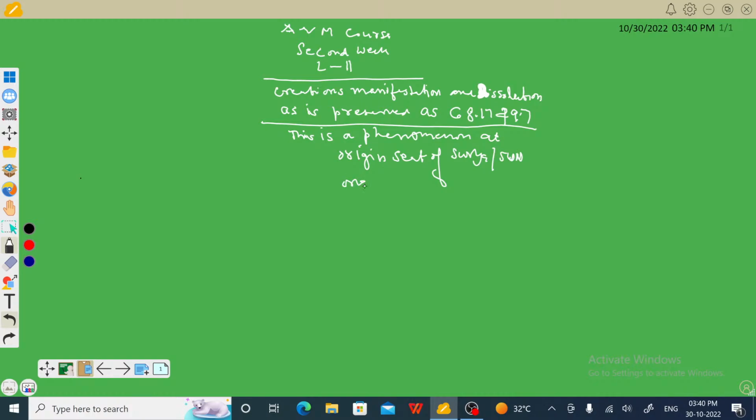Origin seat is 7 space, while Surya is 6 space body.